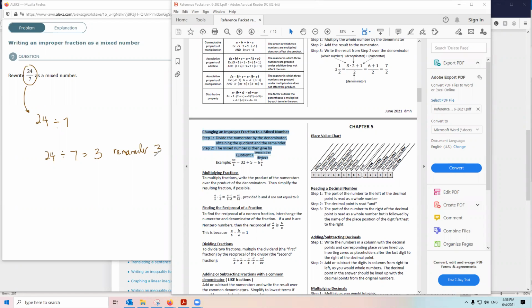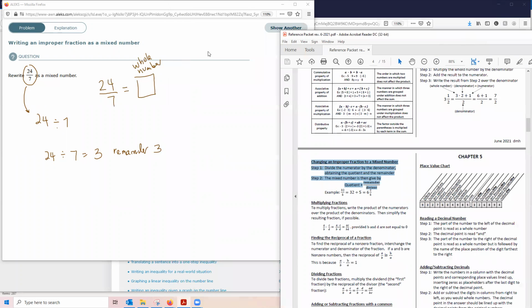So what you do is you put the remainder over the original bottom number. So if we have 24/7, there's going to be a whole number answer. Then there's going to be the remainder. So I'm going to put another fraction here.